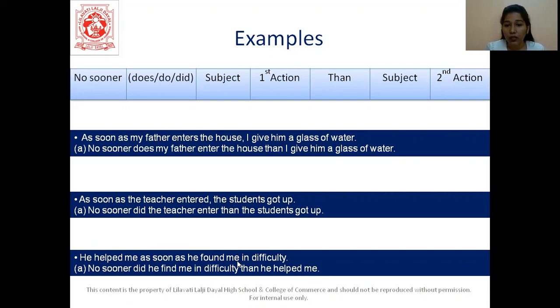As soon as he found me in difficulty, so he found me in difficulty becomes our first action. So we use no sooner and we use this. No sooner did he find me in difficulty, then he helped me. So he helped me remained as it is over here. Found became find, and because it is past tense, we use the word did.